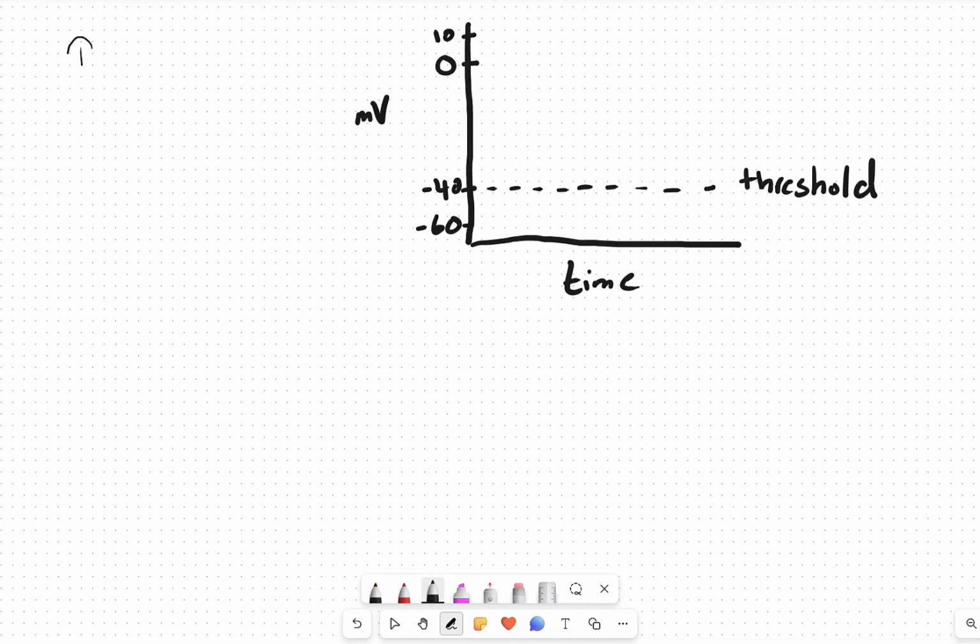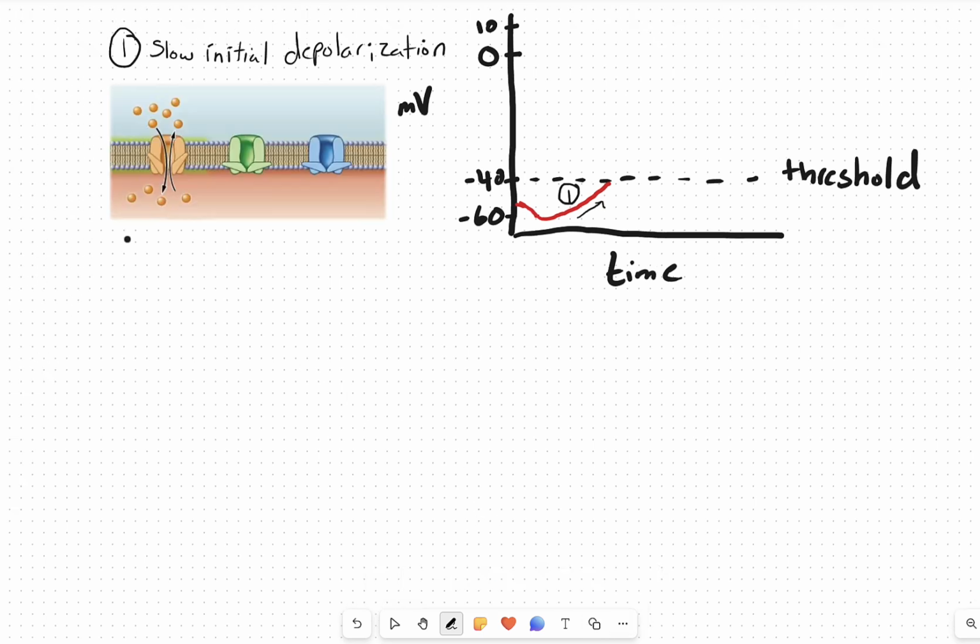The first step is a slow initial depolarization until we get to the threshold. So this step is going to start at the lowest minimum membrane potential, the -60, and slowly work its way up towards that threshold. During this step, being at the -60 is a hyperpolarized state, and that hyperpolarized voltage triggers HCN channels.